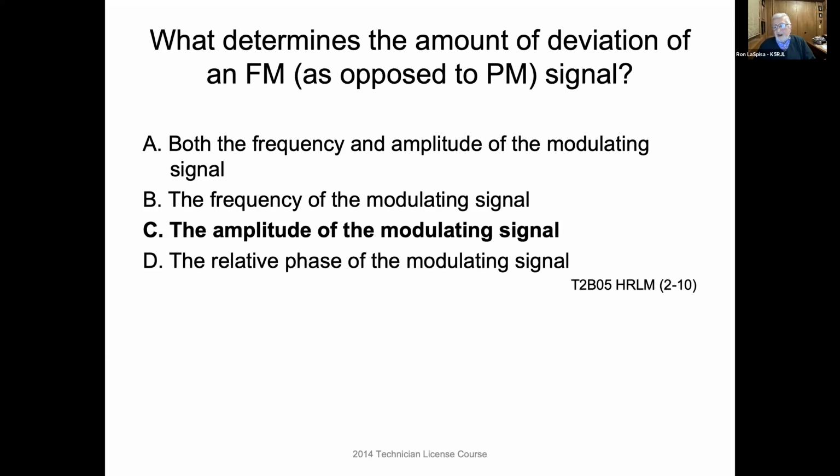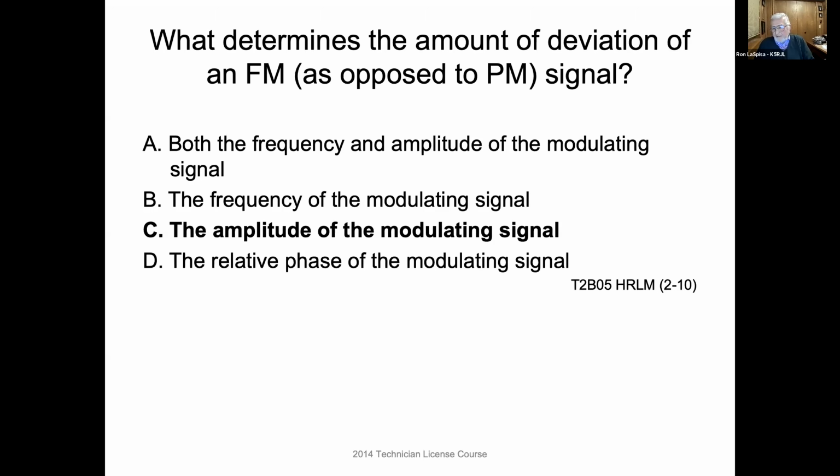Yeah, our amplitude of the lady singing, not how high, but how loud she sings, that increases the deviation. Now, if she sings a high note, a high frequency note, then that's going to make those compressions and those spacings closer together. Isn't that a deviation of the FM signal?